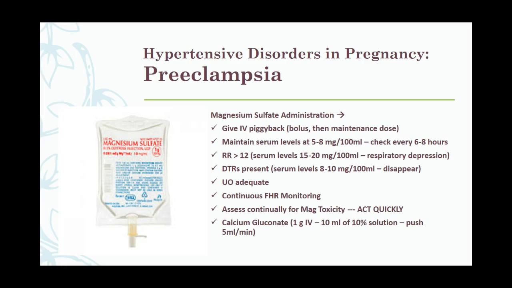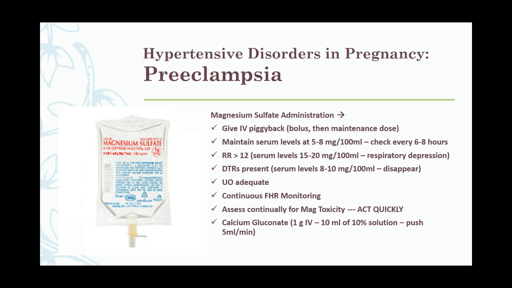We have to make sure that deep tendon reflexes are present, because once serum levels reach 8 to 10 milligrams, deep tendon reflexes will disappear. So deep tendon reflex disappearance is your first sign that your patient is heading into magnesium toxicity.